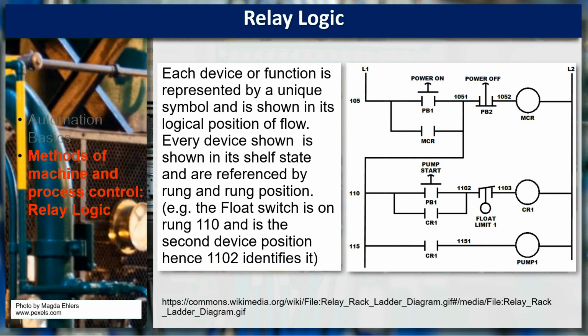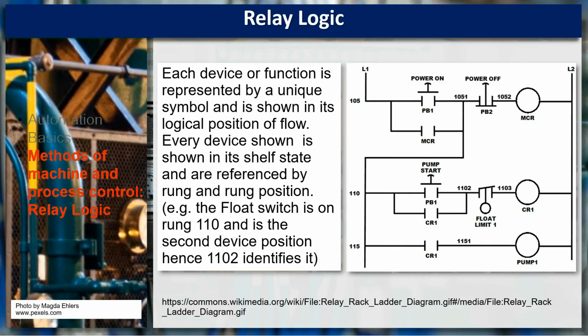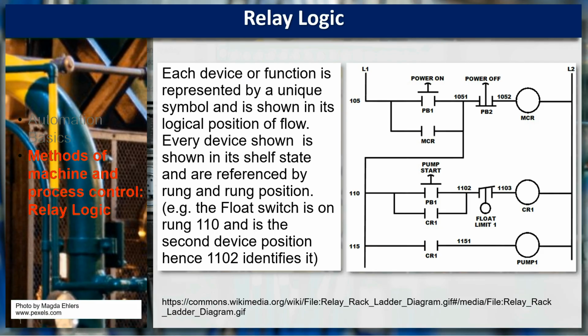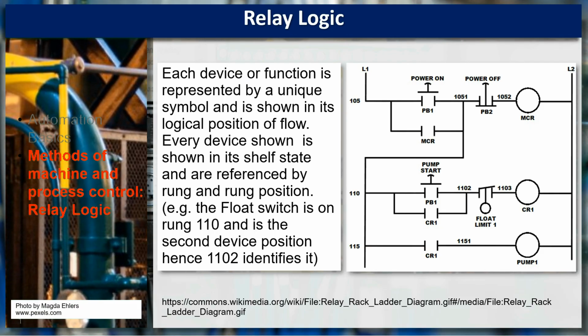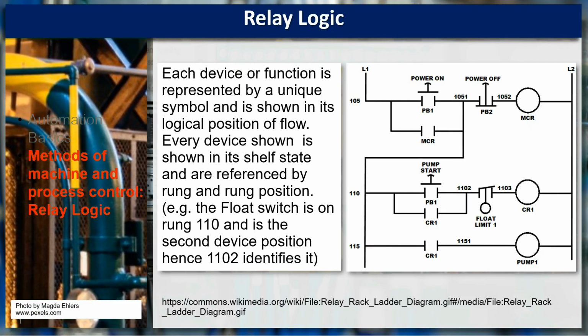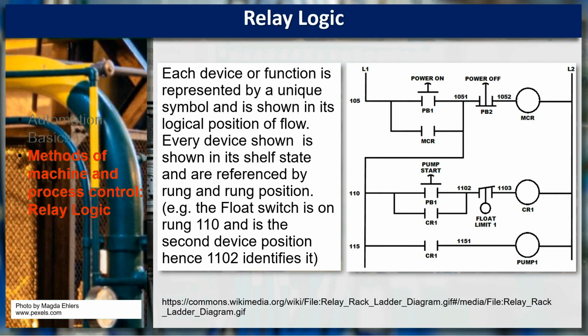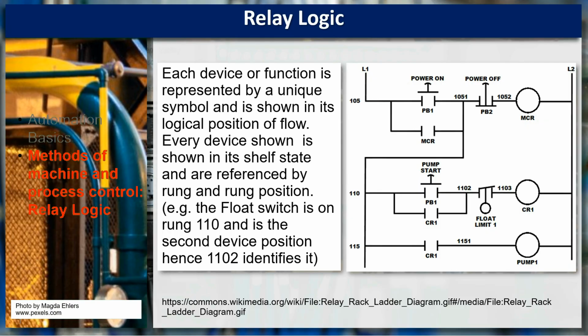Every device is shown in its shelf state and is referenced by rung and rung position. For example, the float switch is on rung 110, and it's the second device position, hence its number is 1102.